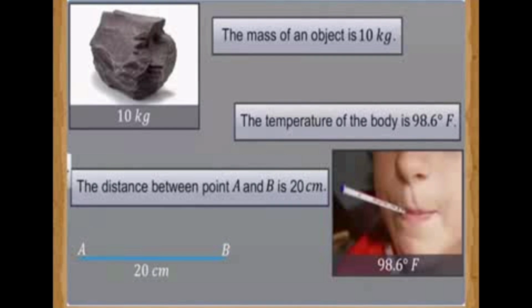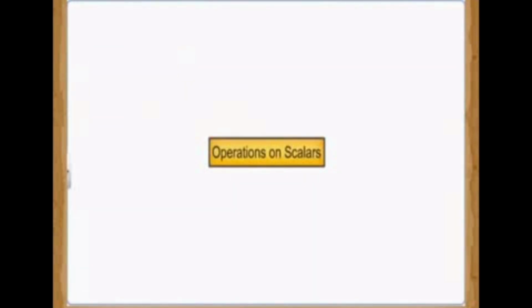So these quantities are called scalars because they have only magnitude. Here the scalar quantities are mass, distance and temperature. Right? These are examples of scalar quantities.